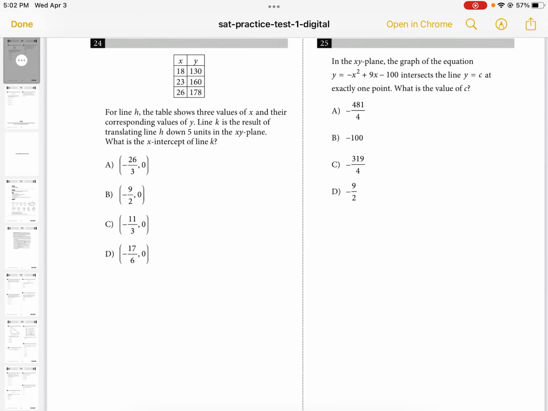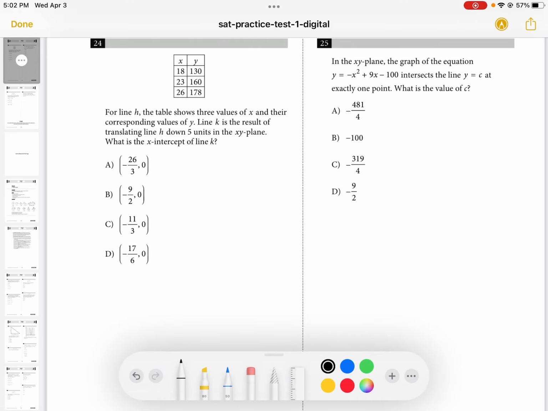Next question. For line H, the table shows 3 values of x and their corresponding values of y. Line K is the result of translating the line H down 5 units in the xy plane. What is the x-intercept of line K?